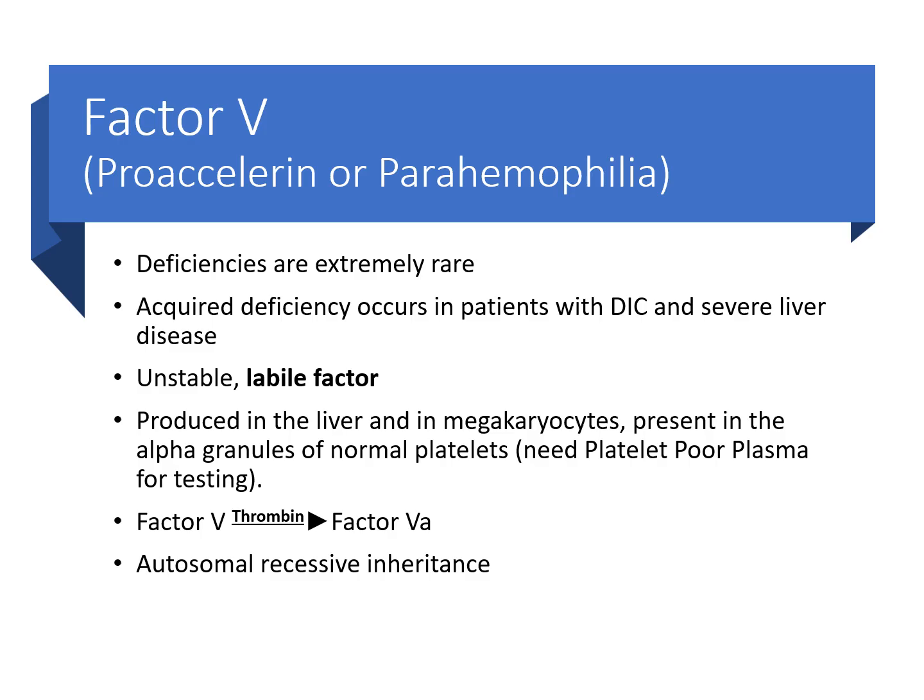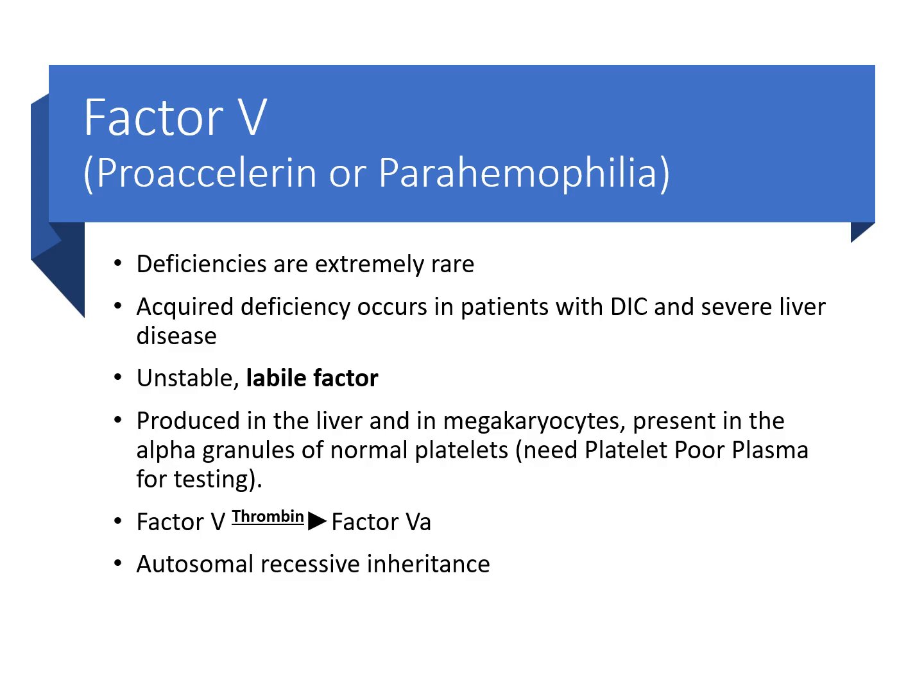Now, if you think about megakaryocytes and their role in production of platelets, we know platelets play a really important role in our primary hemostasis, and factor V is also found in the alpha granules of these normal platelets. We will talk more about platelet aggregation and secretion in our primary hemostasis unit, but just know that factor V isn't just in circulation, it's also within the alpha granules of normal platelets.